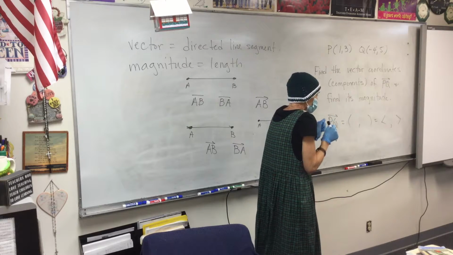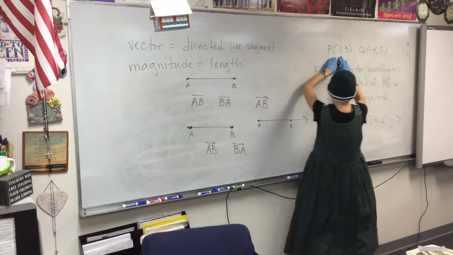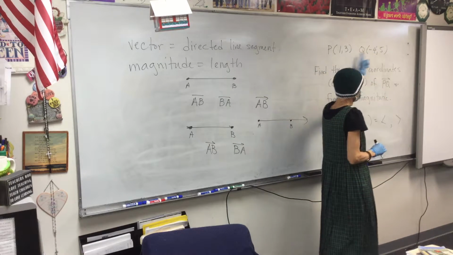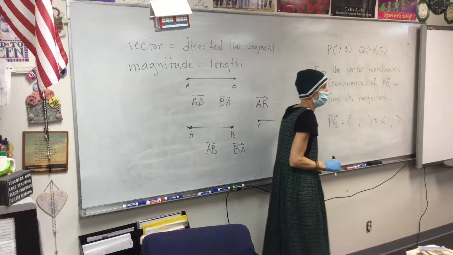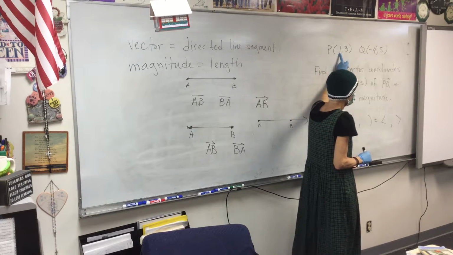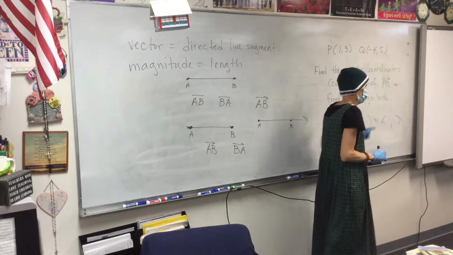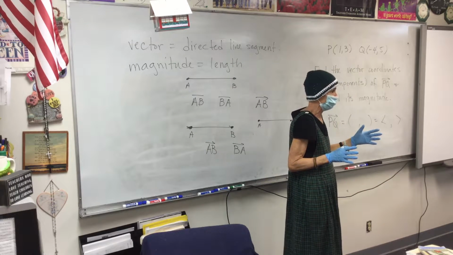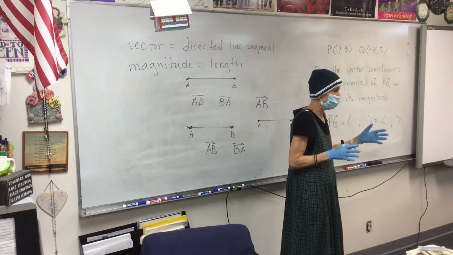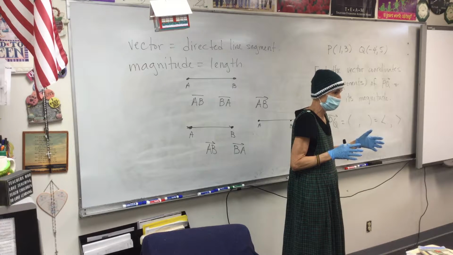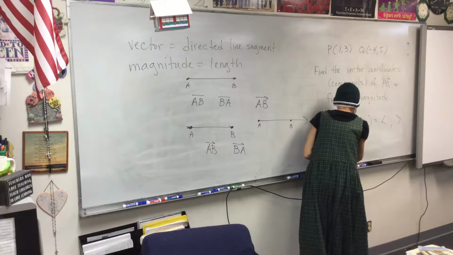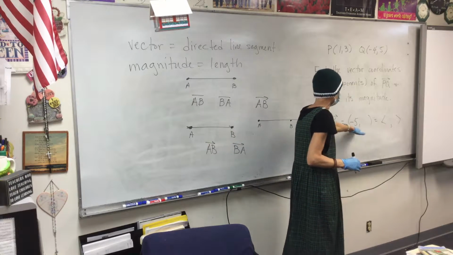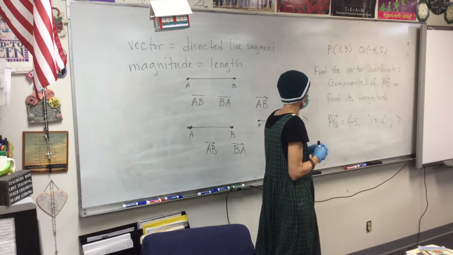Pretend you're a little man and you're going to walk from this point to this point. Look at the x's first. You're going to walk from 1 to -4. How far is that? 5. Is that 5 in the positive or 5 in the negative? Negative. So the x component of your vector is -5.